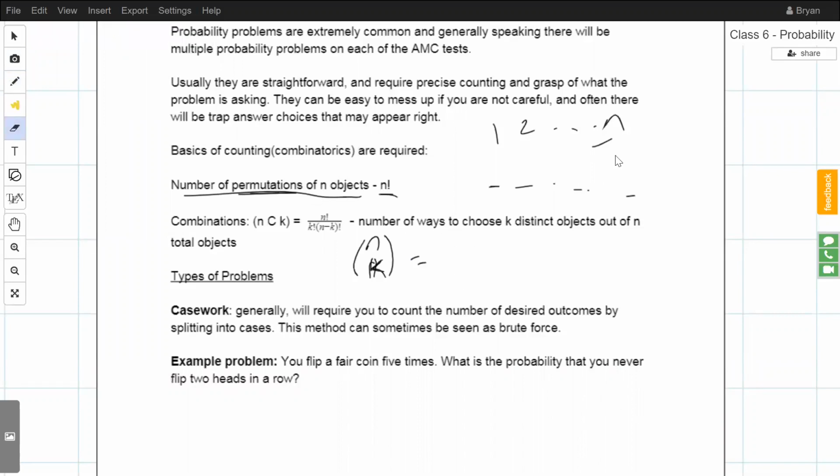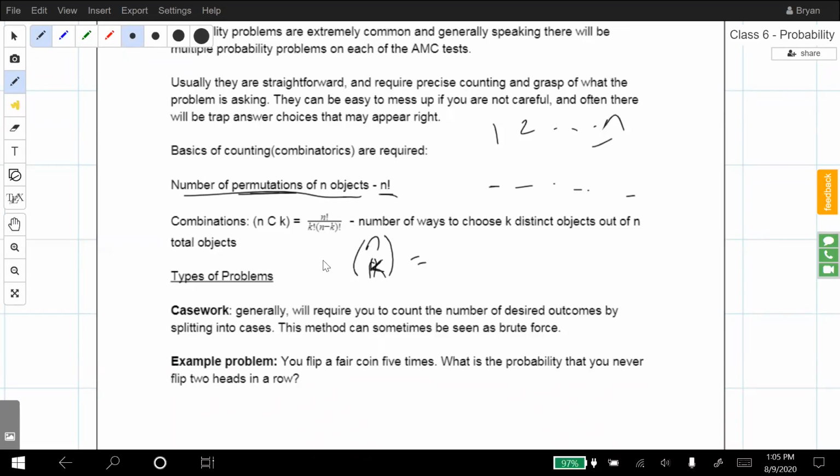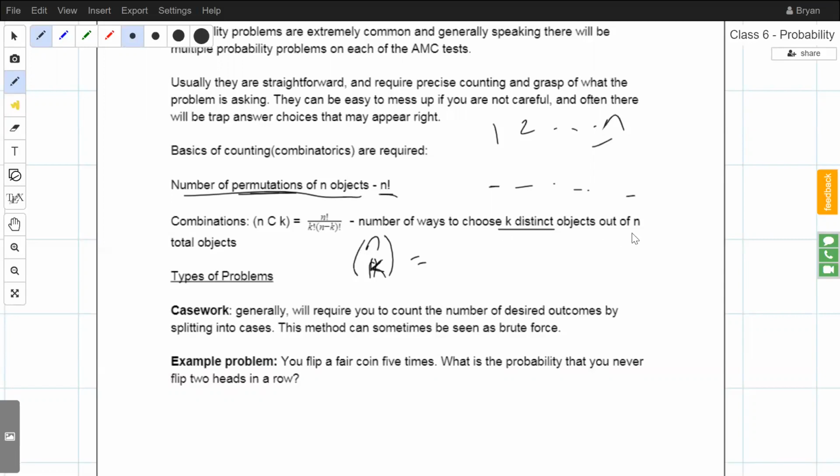This is going to be probability, but counting is seen in some probability problems, which is why I want to go over it a little bit. Basically it's choosing k objects out of n total objects.